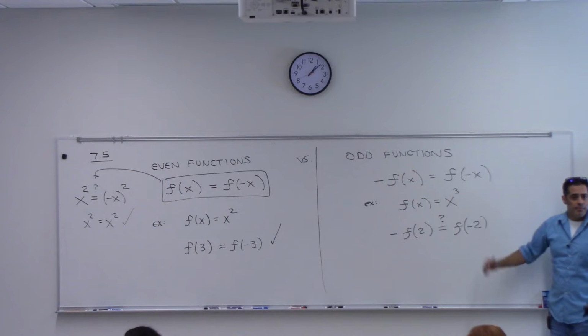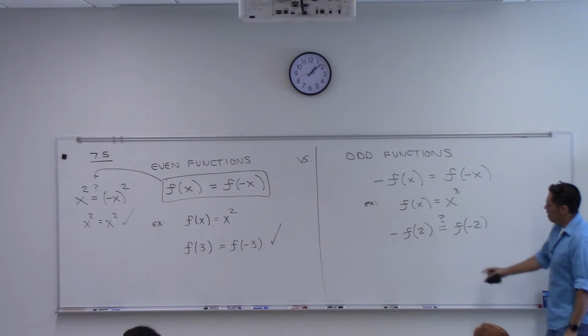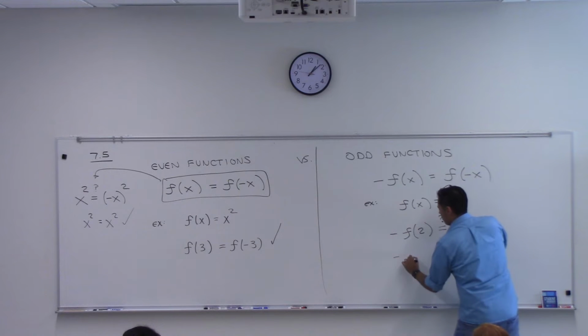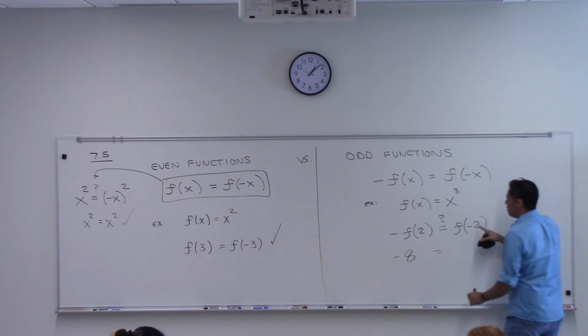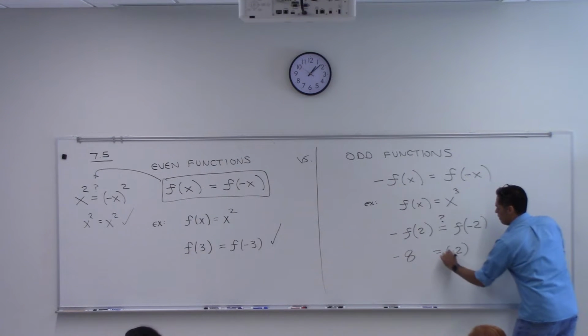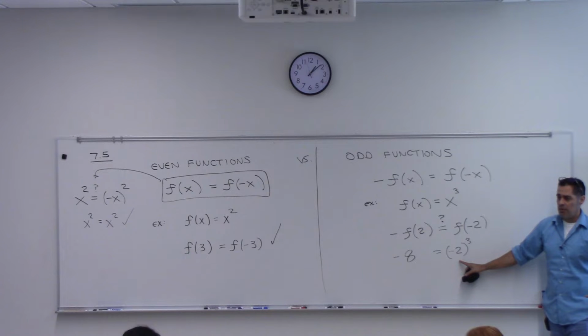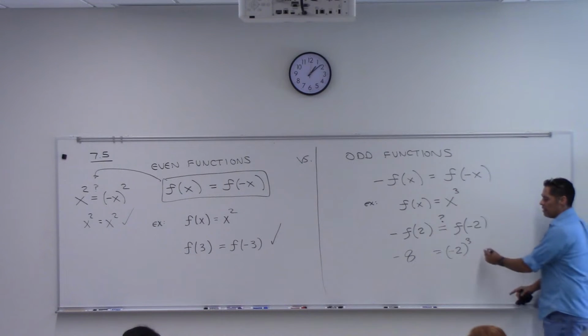Let's check it. If I plug 2 in, what's 2 cubed? 8, so I get negative 8, and is that equal to negative 2 cubed? Negative 2 cubed means negative 2 times negative 2 times negative 2, and that would also give you negative 8, wouldn't it? Negative times negative times negative gives you negative. So these are the same.